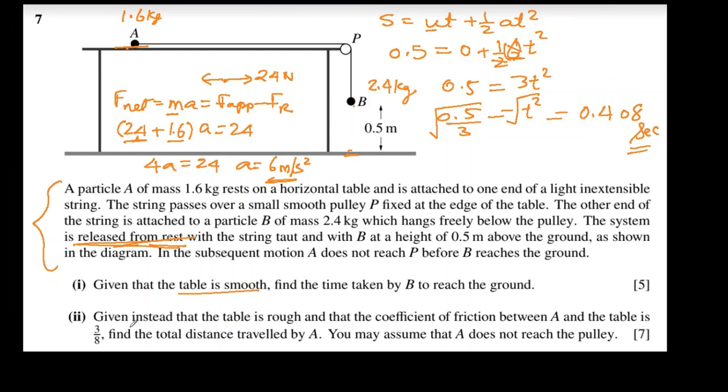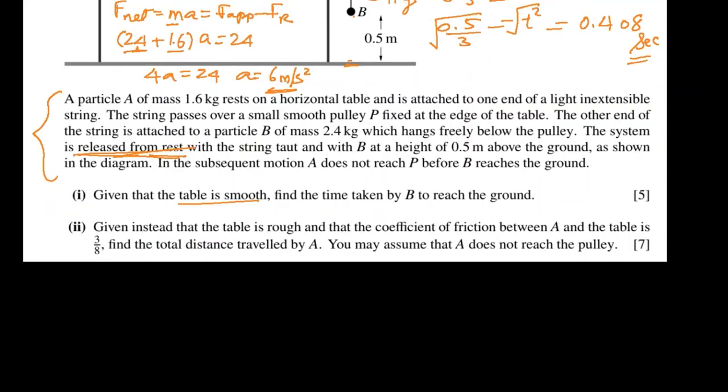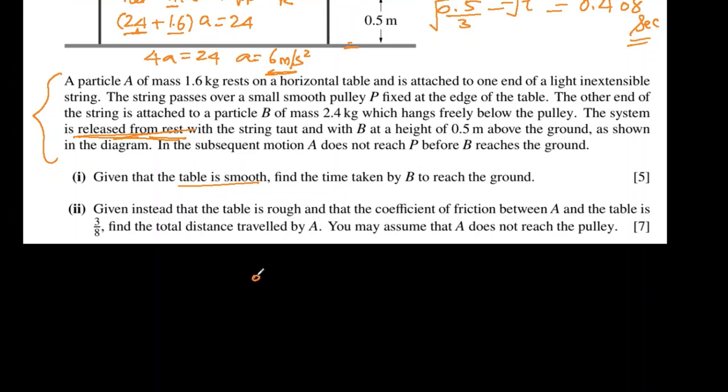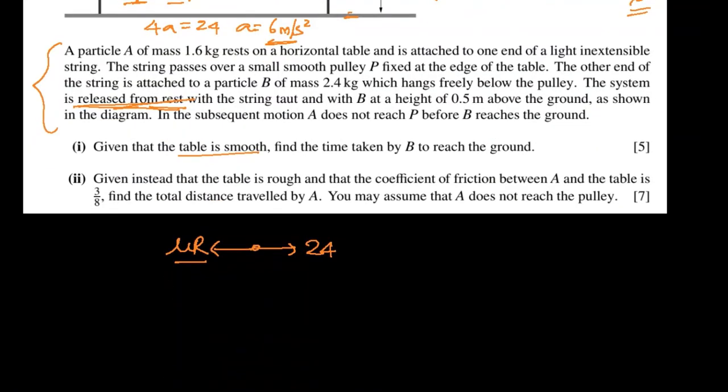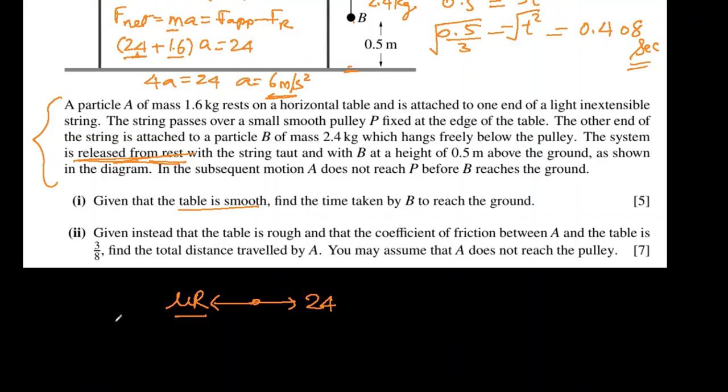Part 2. Given instead, the table is rough. Okay, the things change now. That means if we have an applied force of 24 newtons, now there will be a resistive force which will be mu R provided by the table and the particle A. So mu is given as 3/8.